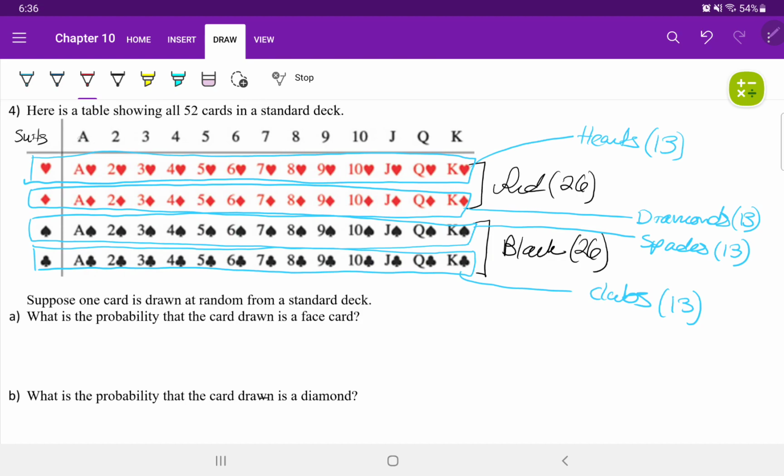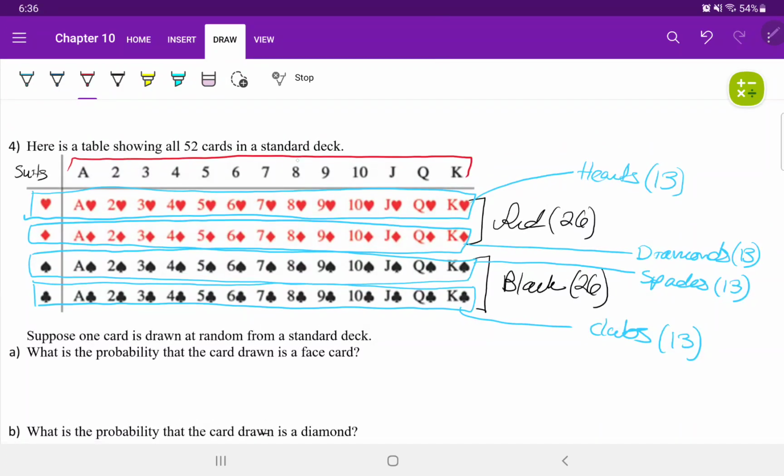Look at the top. Ace, 2, 3, 4, 5, 6, 7, 8, 9, 10, Jack, Queen, and King. These are the different values my cards can assume. Each value has 4 cards.